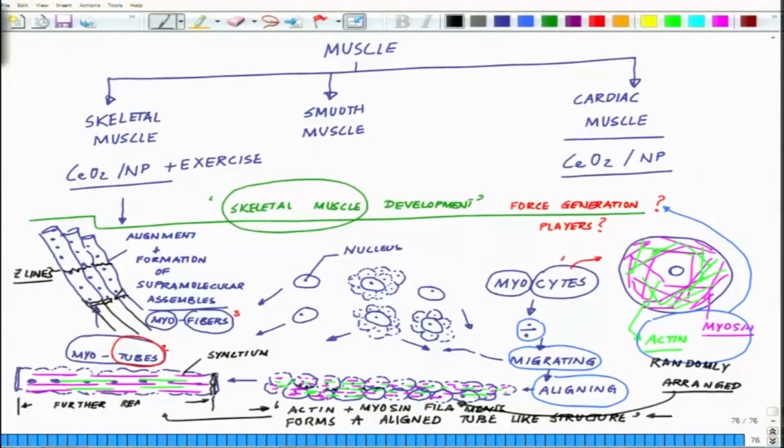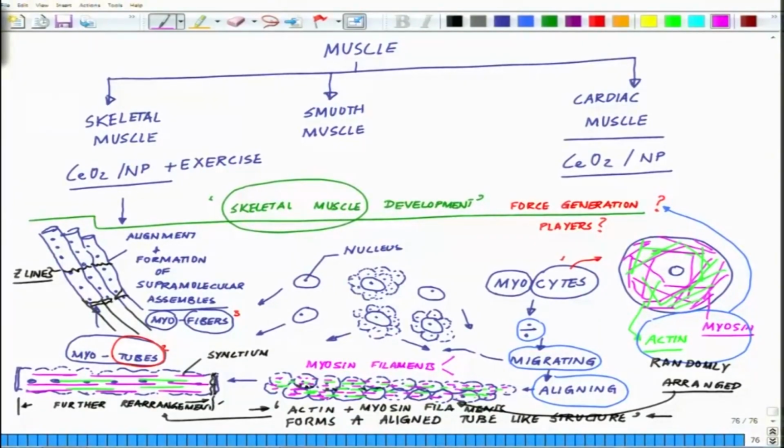And it has been observed during development, while we are developing in the mother's womb and about to come out, these myosin filaments change their type.